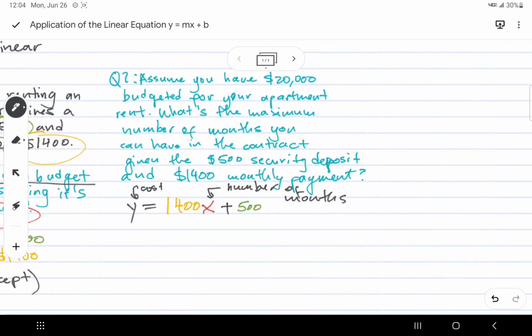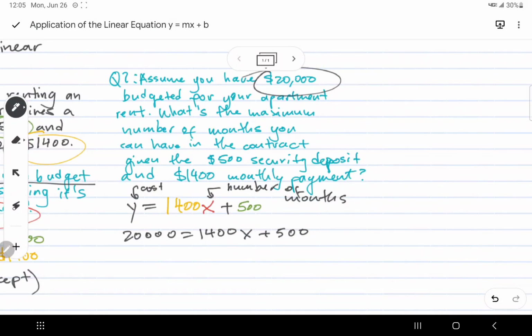So, now you have $20,000 and it's asking how many months. So this will stay the same, and you have $20,000 for your costs. So we will plug this $20,000 in for Y, and we will rewrite everything like this.